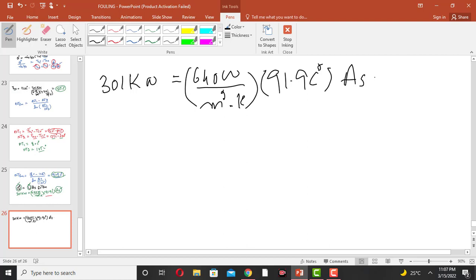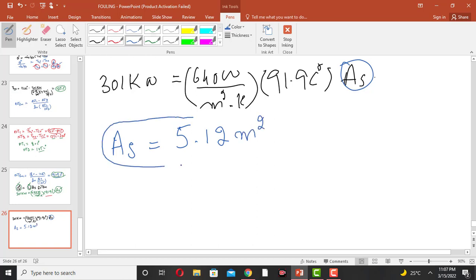After simplification and unit conversion, the surface area of the heat exchanger comes out to be 5.12 meters square.